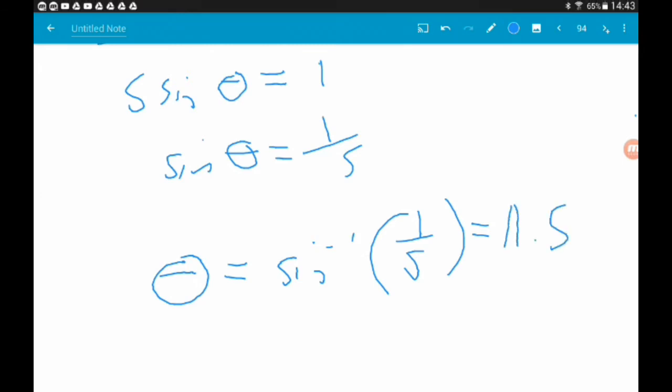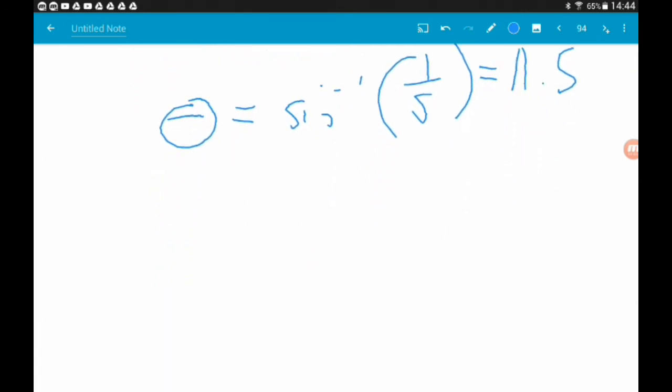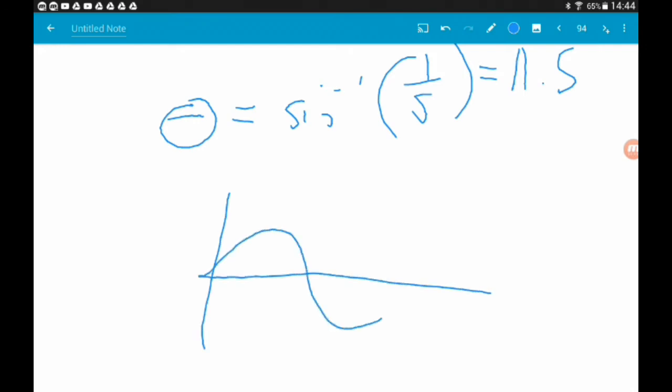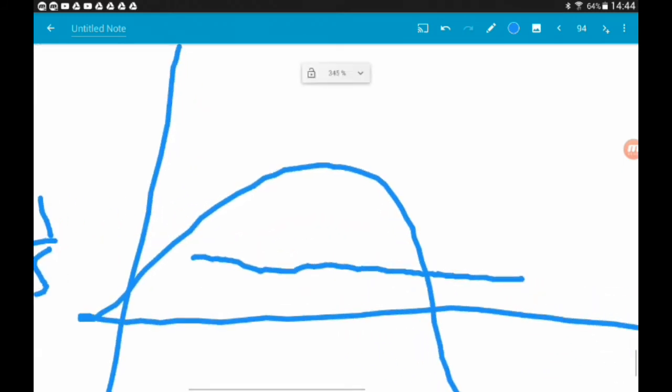which is equal to 11.5 degrees if we go to 1 decimal place. So that's one of them. Now to get the other, let's sketch the graph of sine of theta between 0 and 360. So it looks like that. We are finding the points where the graph cuts the line y equals 1/5.